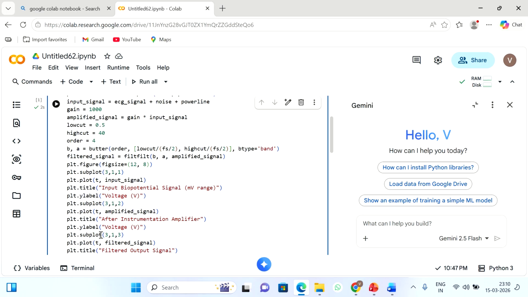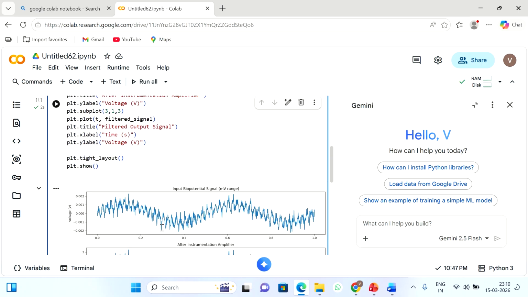Then plt.subplot(3, 1, 3). So this selects the third subplot. plt.plot(time, filtered_signal).